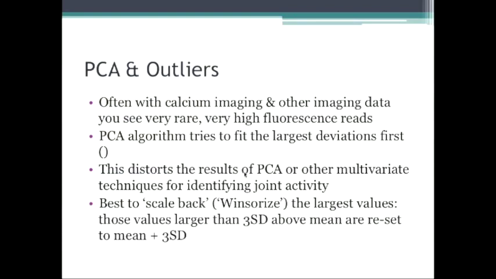One other thing that you will want to be aware of is that in many neural data sets, you do have extreme outliers. If you leave those in, they will distort the principal components quite substantially because the algorithm is always trying to capture the biggest fluctuations.